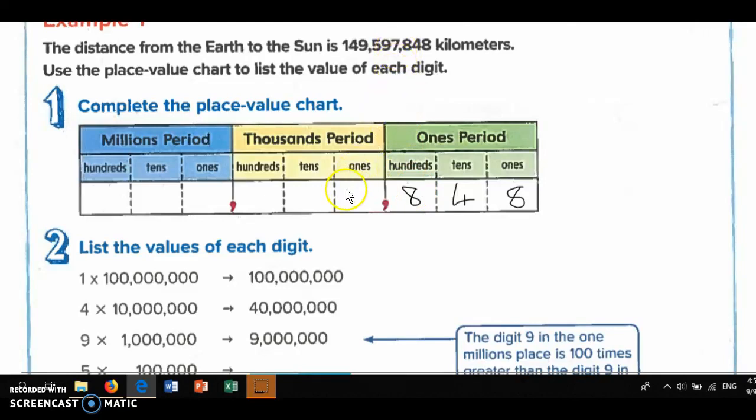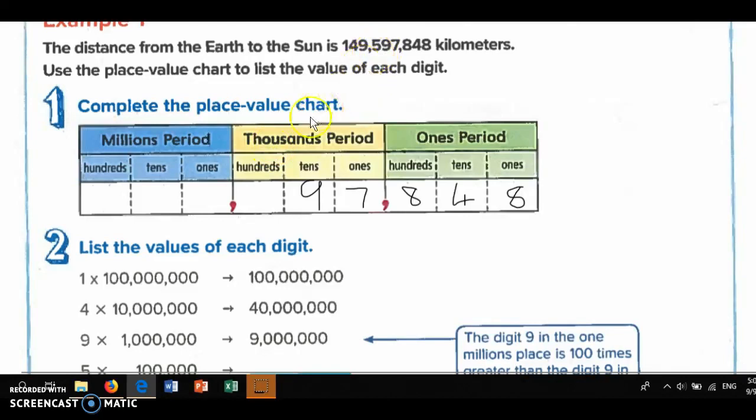7 thousands. Can you see we are starting with a new period? These were all in the one period, so it's hundreds, tens and ones. But now we're going into the thousands, so the ones will be 1,000s or 7,000. There are 9 ten thousands.